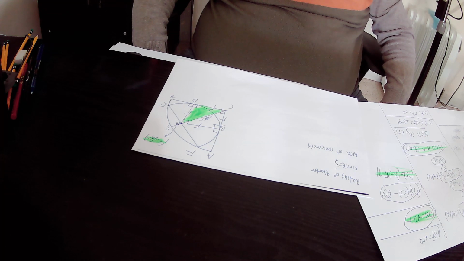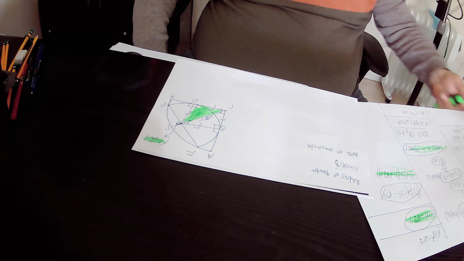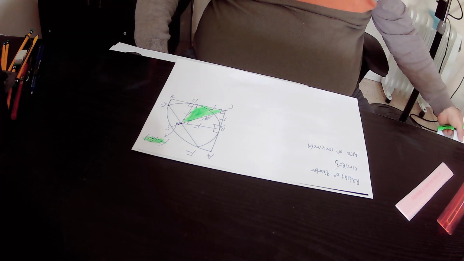In the next step we will complete the quarter circle to a semicircle.